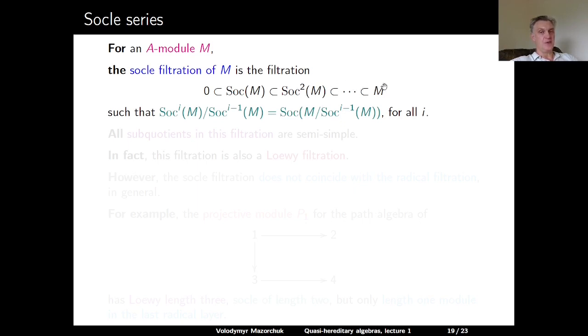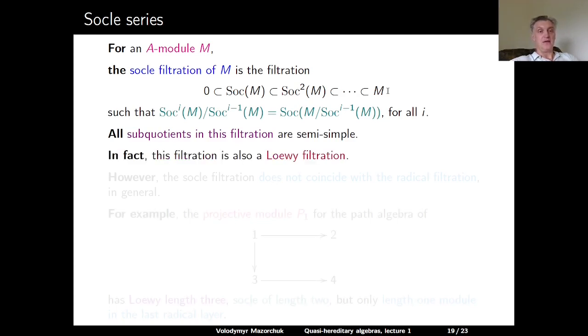Again, after a finite number of steps, we reach M, because M is finite dimensional. All subquotients in this filtration are semi-simple by definition, and again, such a filtration is also a Loewy filtration, so it has a minimal possible length among all filtrations with semi-simple subquotients. So in particular, we now have two Loewy filtrations, the radical filtration and the socle filtration. In general, these two filtrations do not coincide.